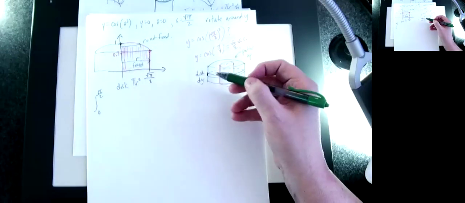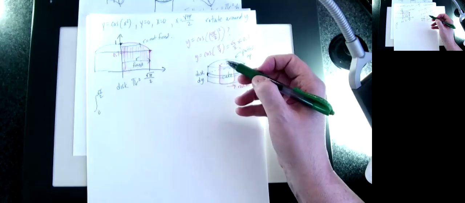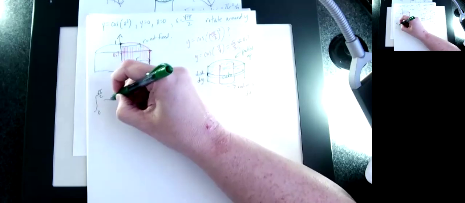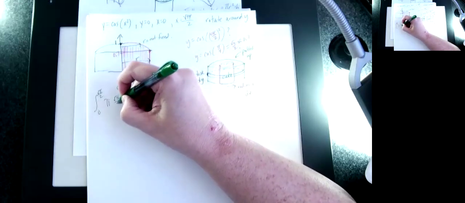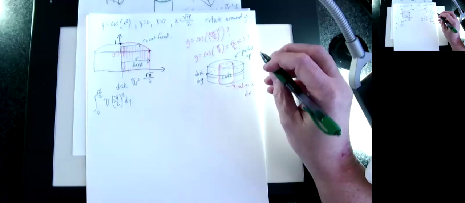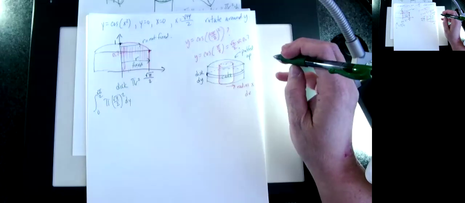And remember, disk is doing pi r squared. Well, that's not changing. R squared is just square root of pi over 2 squared dy. And then I need my radius up top from root 2 over 2 to 1.